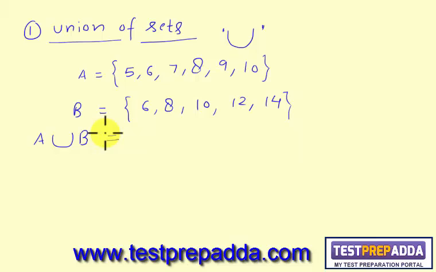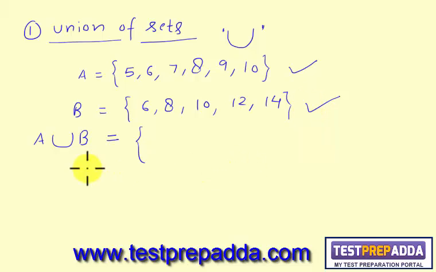This A union B will result another set which contains all the elements. This set will contain all those elements which are either in set A or in set B, including the common elements.